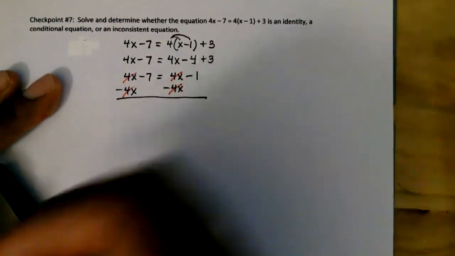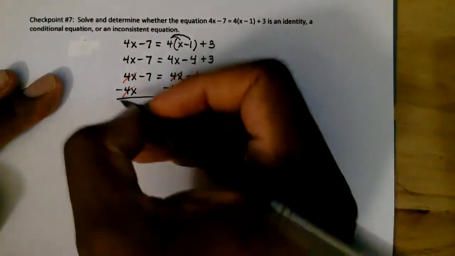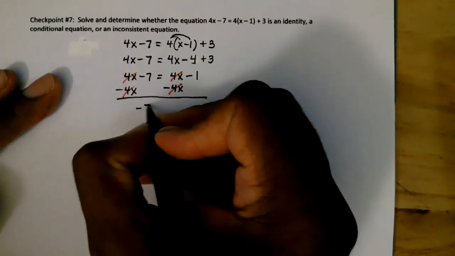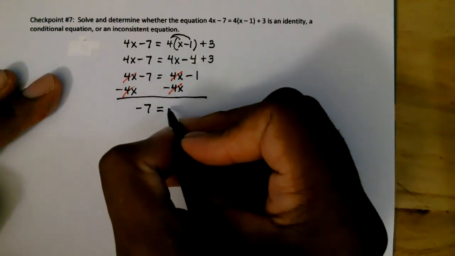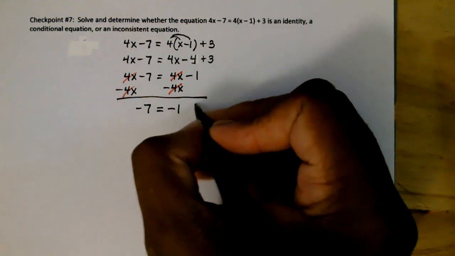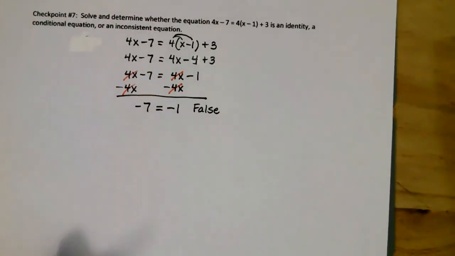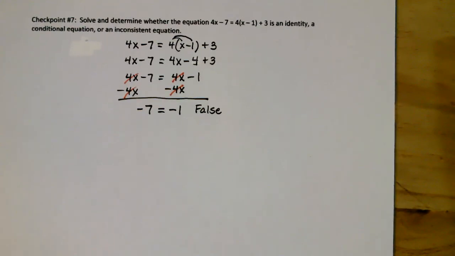Also, the 4x's on the right side are gone. I'll end up with a negative 7 on the left side equaling negative 1. And does negative 7 equal negative 1? That is a false statement because negative 7 does not equal negative 1.